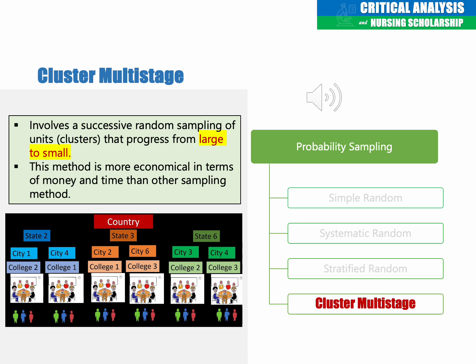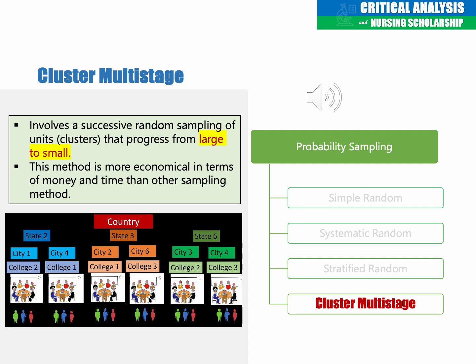Now, the fourth probability sampling technique is called cluster or multi-stage sampling. This sampling technique is used for a large spread out population. Instead of sampling individuals, you sample groups or clusters first, then sample within them. I want you to look at the PowerPoint carefully. How does it work?